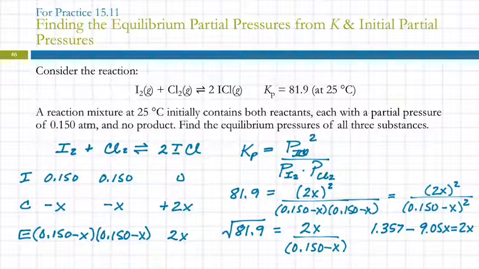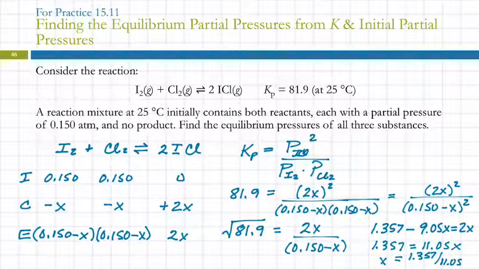Multiply. I don't know what happened in my brain. I'm back now. Add the 9.05x on both sides, 1.357. It's going to give you 11.05 times x. x then equals 1.357 divided by 11.05, which is 0.123.